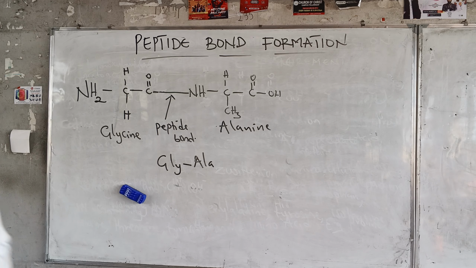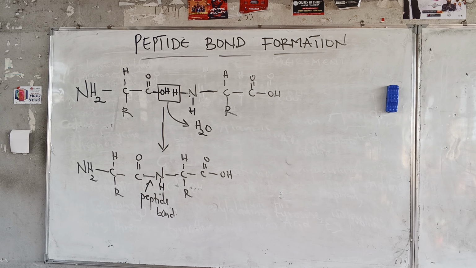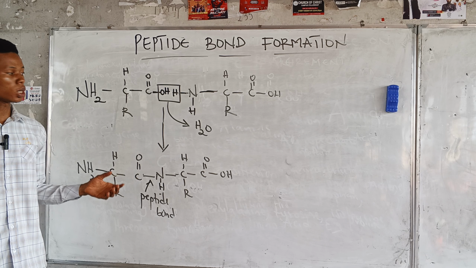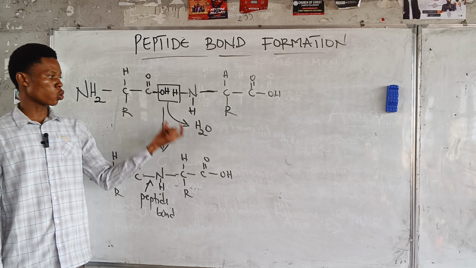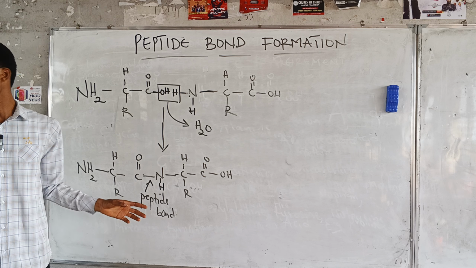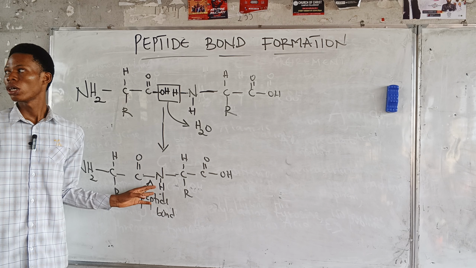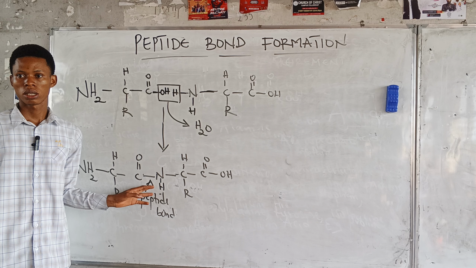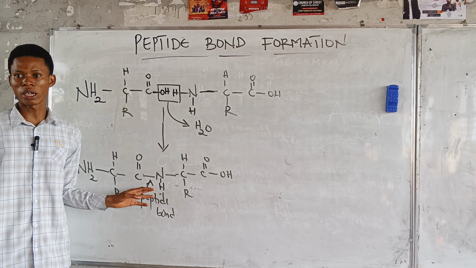I want to give you a little note too, before you draw that. Now, this is a better way to represent this. Water is going out, and this is what is formed. Now, if you don't call this a peptide bond, what can you also call it?